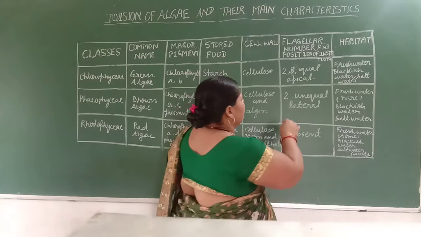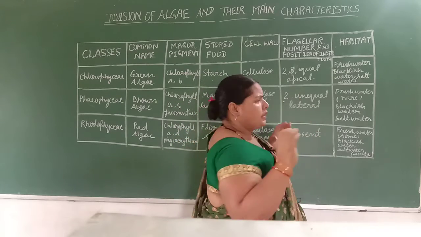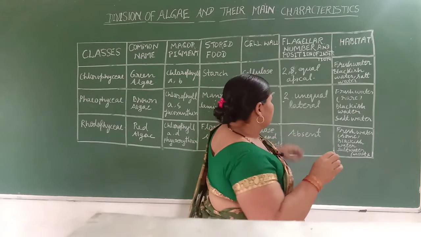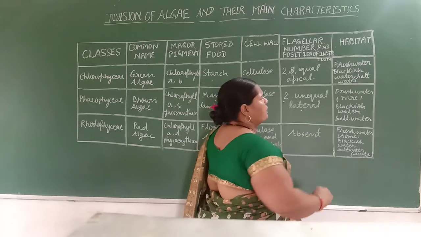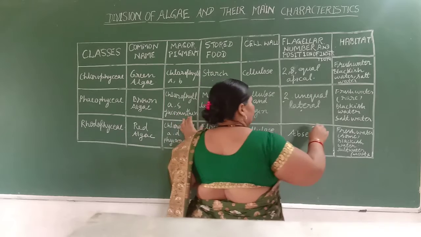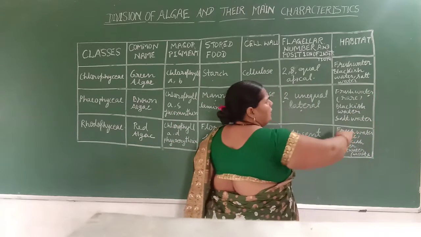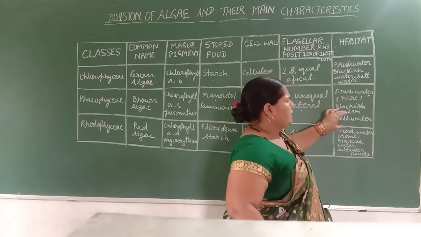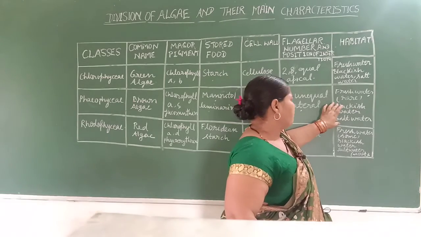The flagella are 2 in number, unequal, and the insertion is lateral. The habitat of the phaeophyceae is rarely freshwater, and mostly brackish water and salt water.